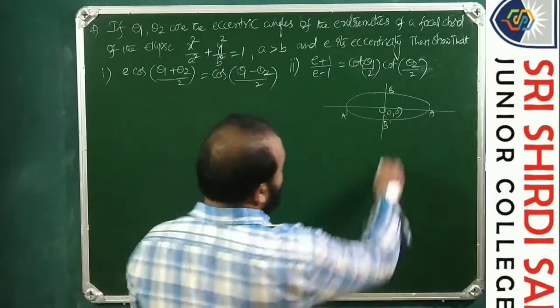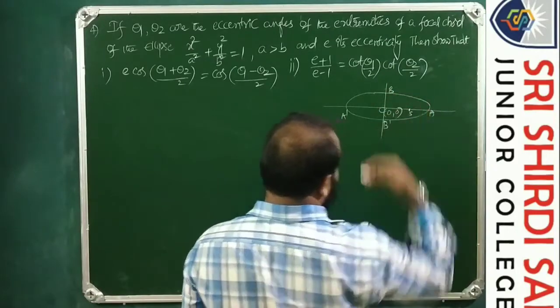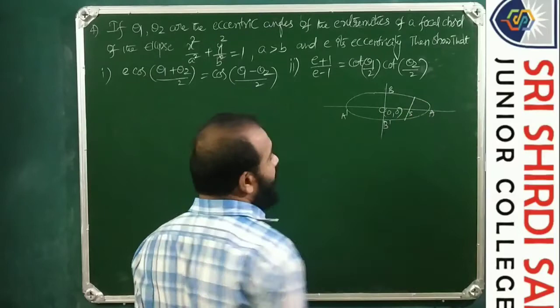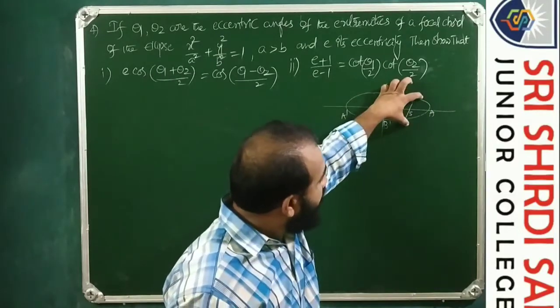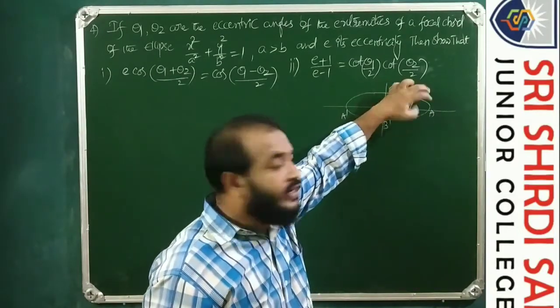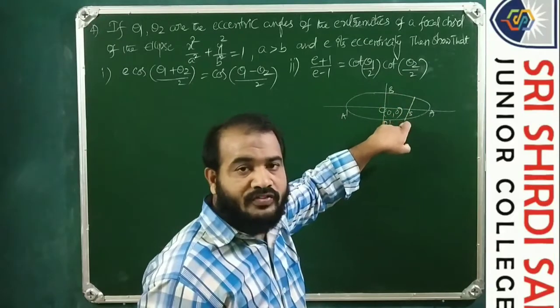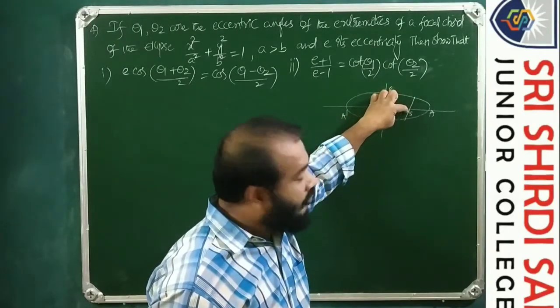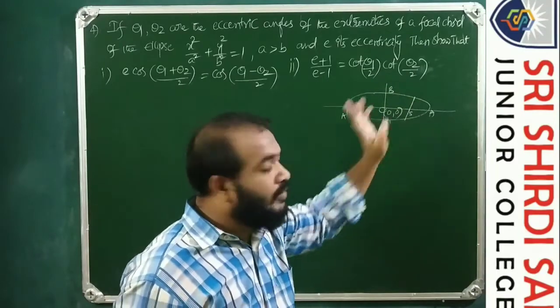Let us suppose that this is S, our focus, and this chord is passing through it. What is a chord? The line joining any 2 points of the ellipse. This chord is passing through the focus, therefore it is said to be a focal chord.